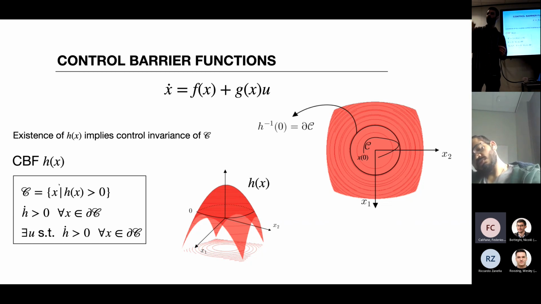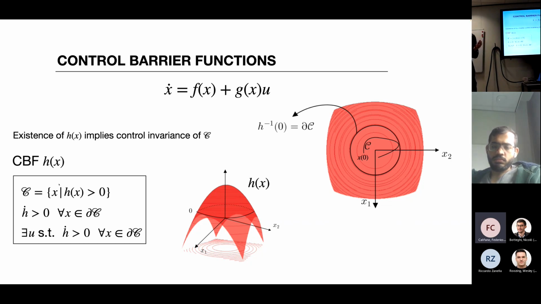If you do obstacle avoidance, that makes sense because you have to avoid some positions for a robot, even if you have problems of relative degree, let's not go there. But if you want to define safety as limiting the energy transfer with an external interaction, you cannot do it this way. That's why I don't like to call it safety, and I simply refer to it as invariance, which is what it is.